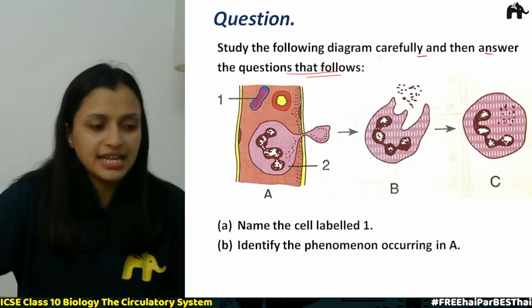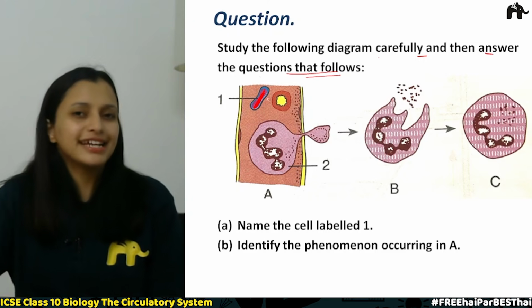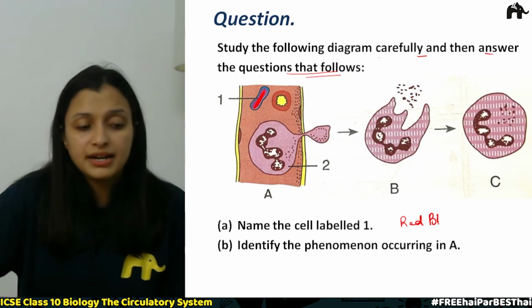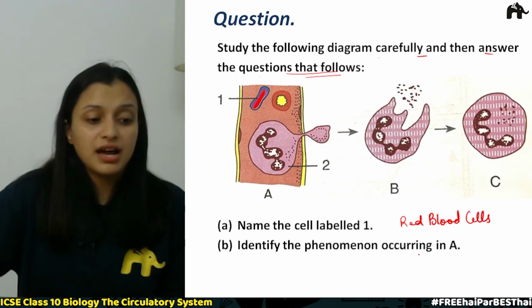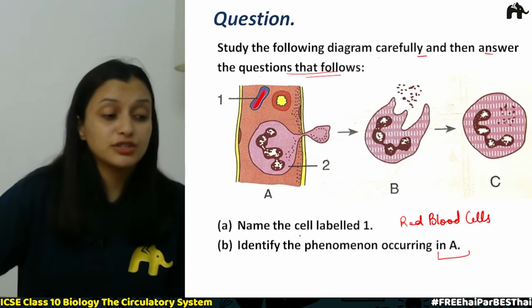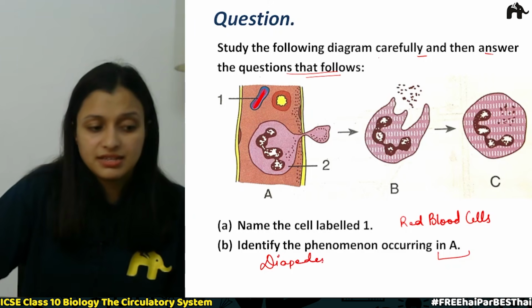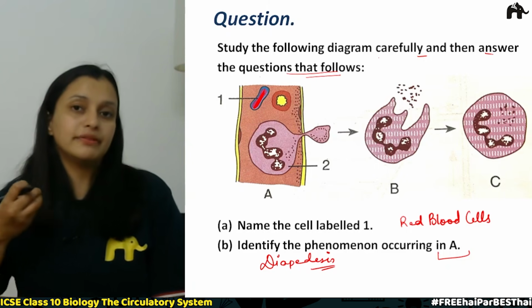It is almost red in color, so which cells are red in color? They are red blood cells, or you can say erythrocytes. Identify the phenomenon occurring in A. This phenomenon is diapedesis, that is the squeezing out of WBCs from the blood vessel.